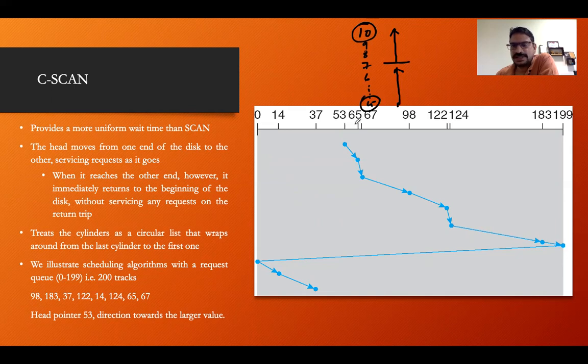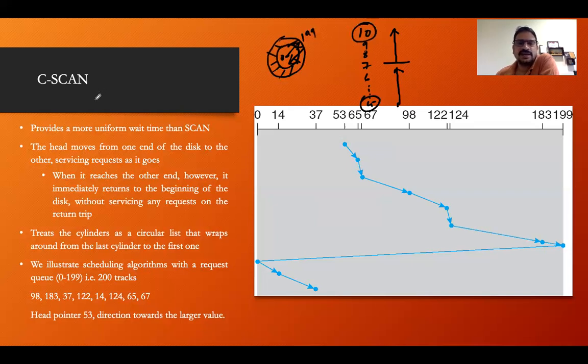But actually that doesn't happen, right? When you have a sector like this and you are moving in a circular way, then this is applicable. But if you are moving in that particular direction and we have reached the last, then we have to go again to the first. From 0 to 199 we have moved, and from 199 again we have to go to 0, right?